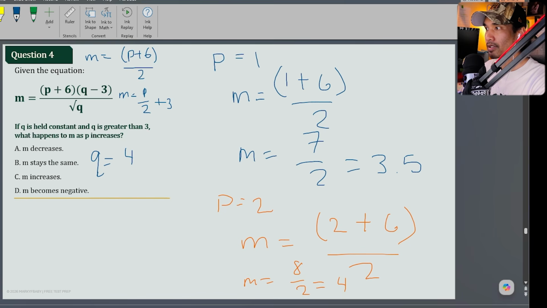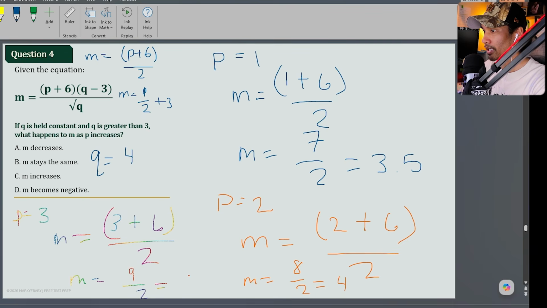Just for the sake of the video, I am going to do it in rainbow color. I'm going to do P is equal to 3, and then I will do M equals 3 plus 6. And I like to put the parentheses here. You don't have to. And that's M equals 9 over 2, which equals 4.5.